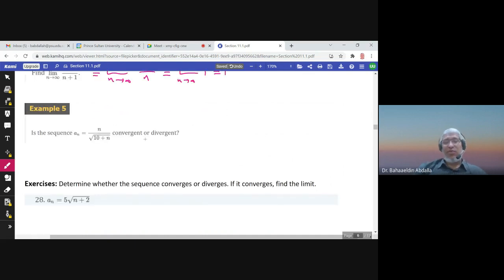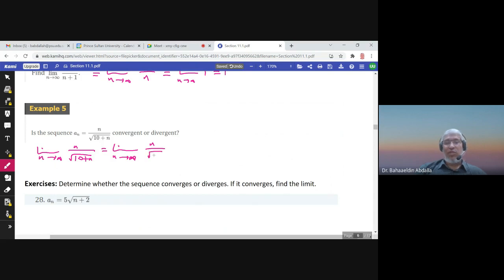Is this sequence convergent or divergent? To find out, I find the limit of this sequence when n goes to infinity. In the numerator, I have only n. In the denominator, I have n plus 10. n is greater than 10 when n goes to infinity.